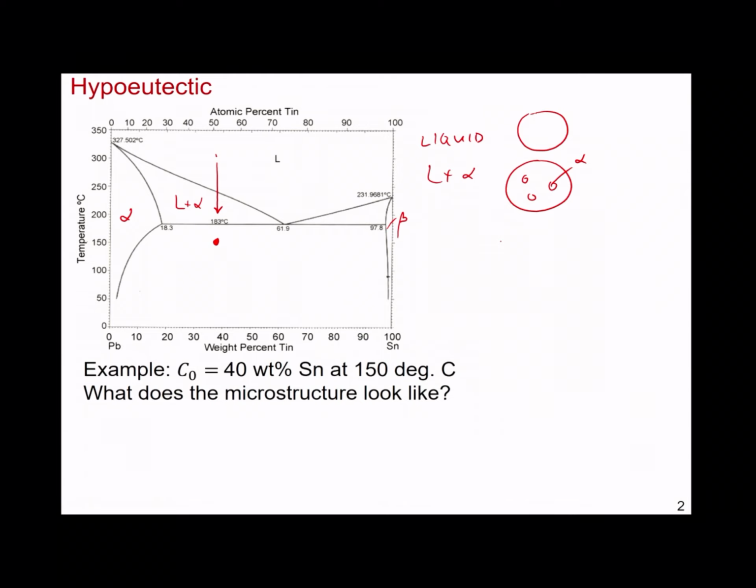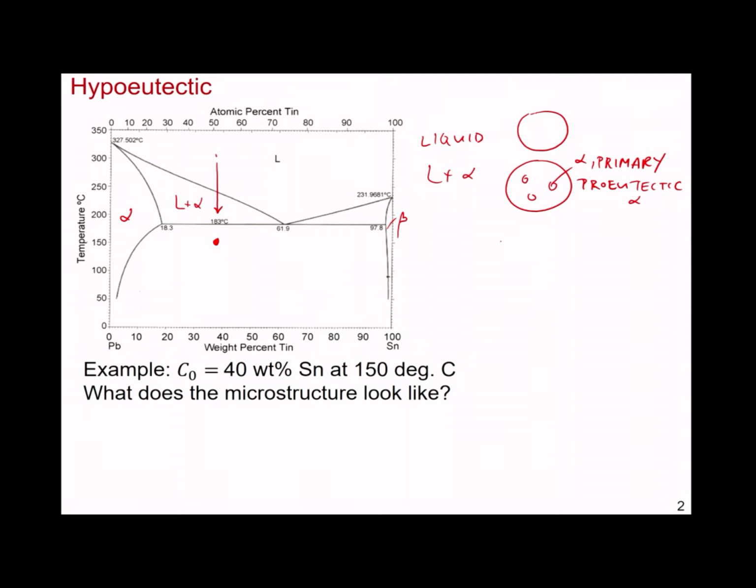So this is now your primary alpha. So we'll call that primary, or pro. We're calling these blobs the primary alpha, proeutectic alpha.